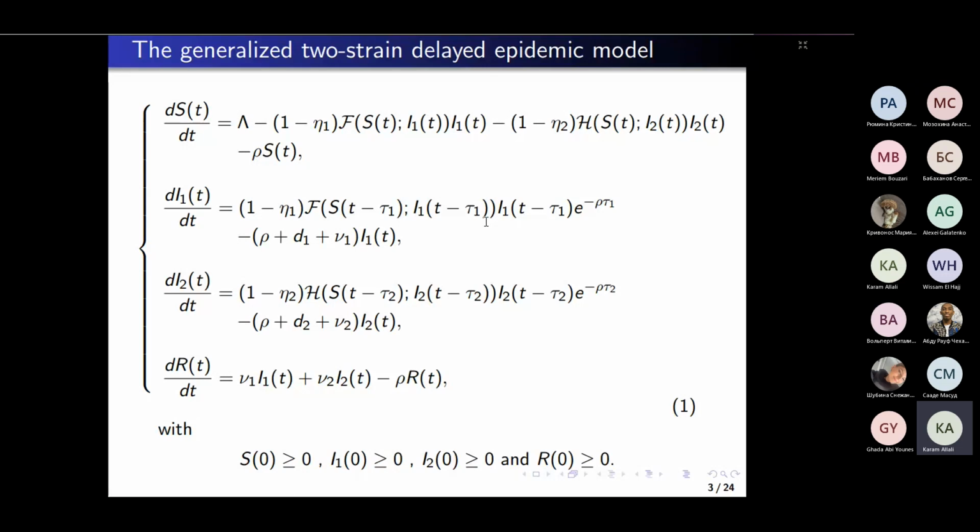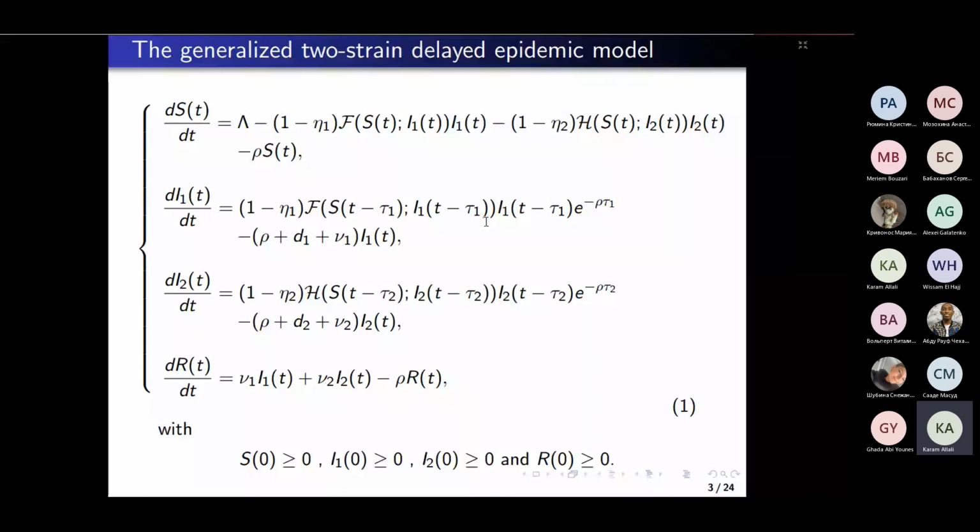The first is to model with exposed classes, if you have multiple strains, and the second is to model with these delays. So τ1 is the time needed for the first strain for the population to become infectious, and τ2 is the time needed for the second strain to become infectious.